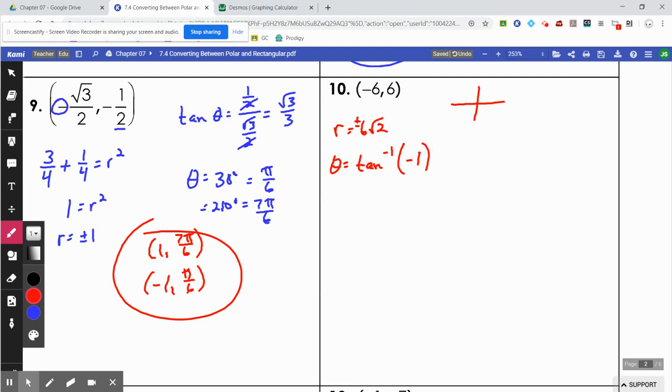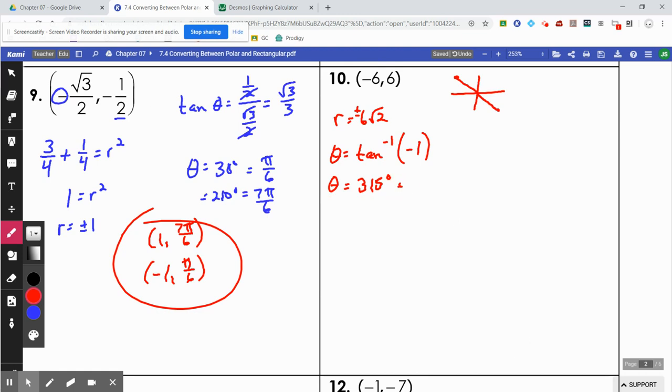So the tangent of what angle is equal to -1? That's going to be a -45 degree angle here, which you can write instead of -45 degrees, as 315 degrees. That's the same angle. Or you're also going to have an angle over here in the second quadrant that has a tangent of -1, and theta is also equal to 135 degrees.